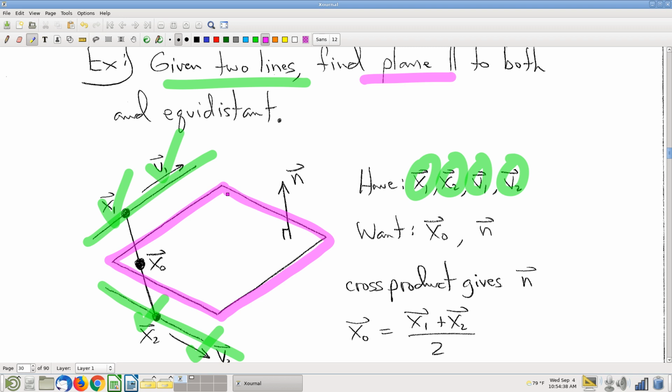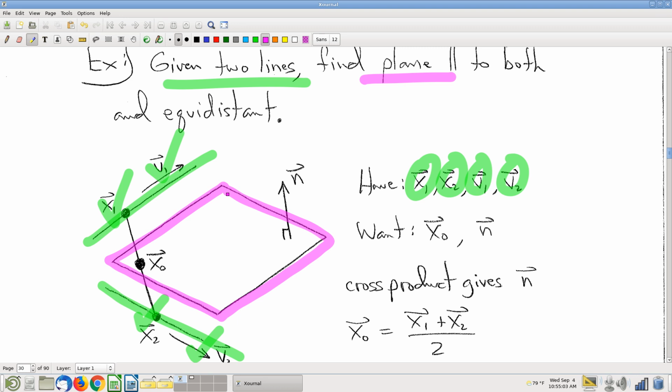If I have a line there and a line like that, there's two different directions. Those directions define a normal vector, but you could move such a parallel plane through in a bunch of different ways. So specifically, I don't want just any old random plane. I want the plane that's parallel to both and halfway in between, equidistant.